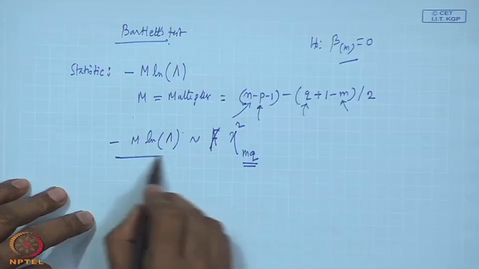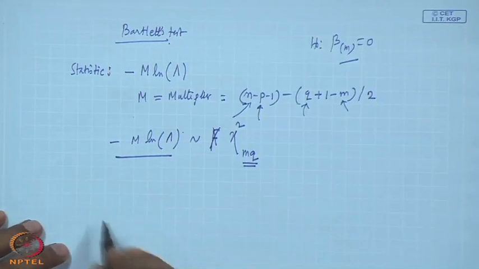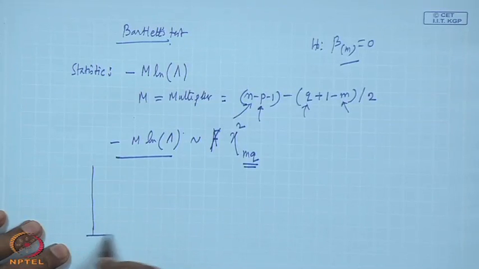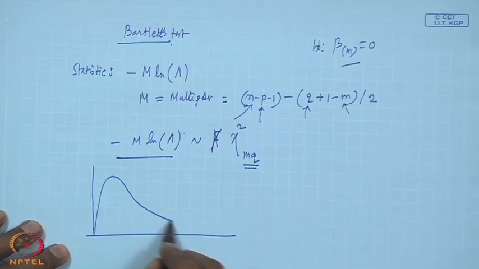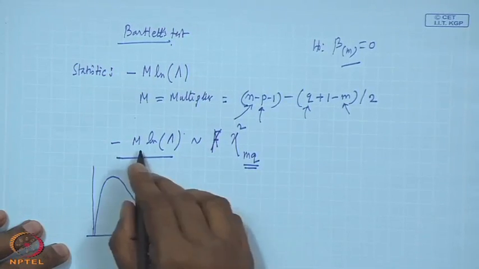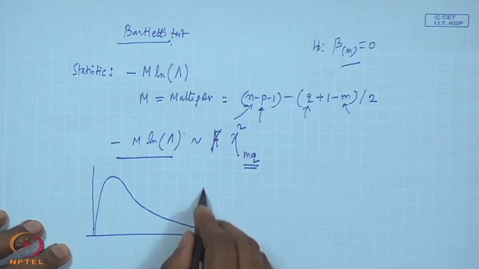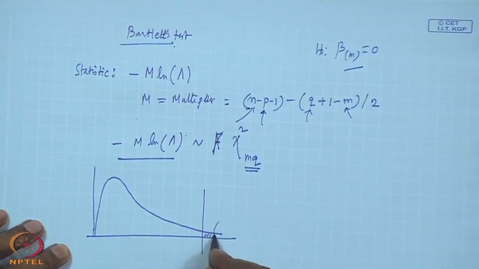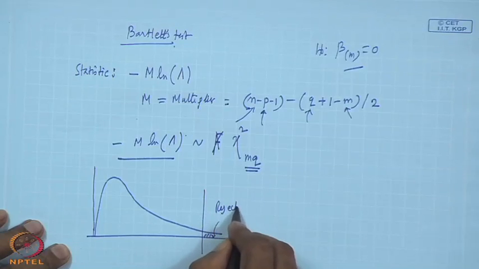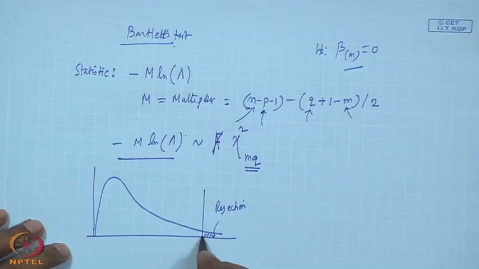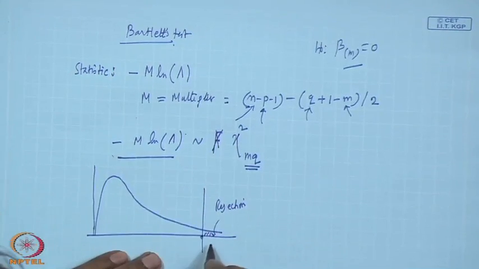Now what will you do then? You know that this chi-square distribution looks like this, and our minus m log lambda follows chi-square distribution. So, for some value, that is the rejection region. So, you find out whether minus m log lambda is falling somewhere in the rejection region or not.